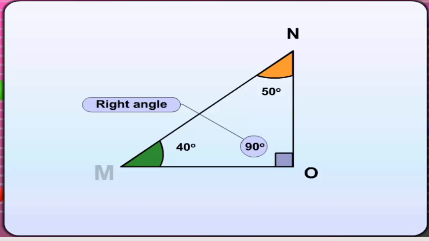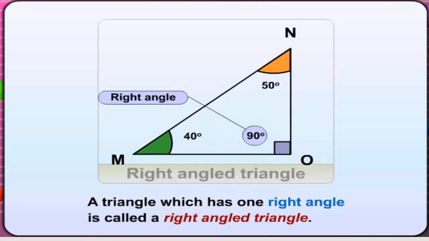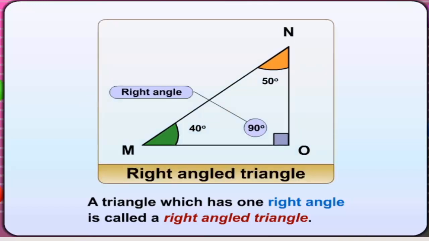So, the angle NOM is a right angle. A triangle which has one right angle is called a right-angled triangle. So, the triangle MNO is a right-angled triangle.